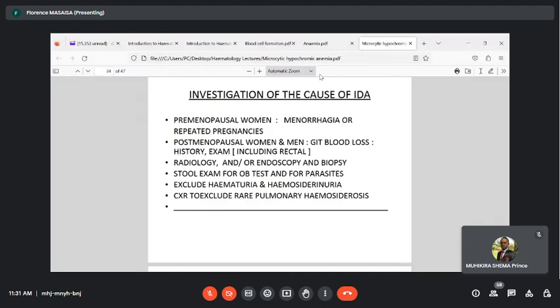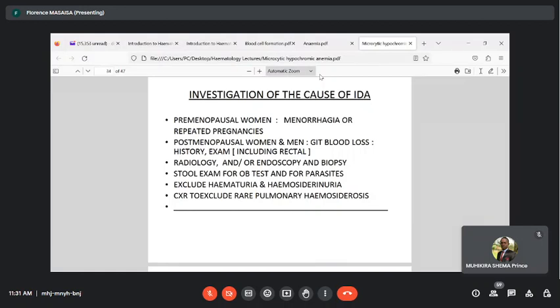So check whether there are heavy or prolonged menses, or repeated pregnancy. But also for men and the postmenopausal, remember to check for GI blood loss, if there's any loss of blood, bleeding, and so on. They may need to go for endoscopy, colonoscopy, and so on.